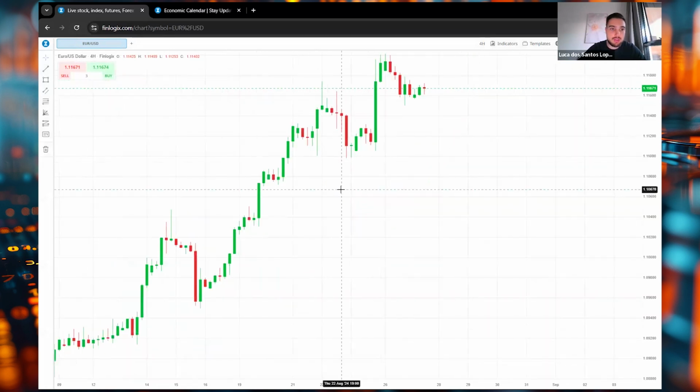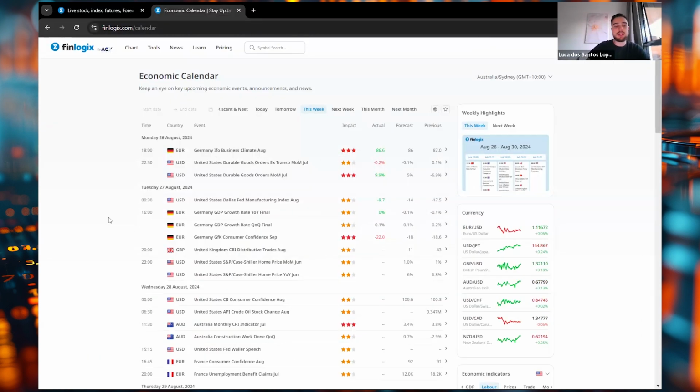If we look at the euro dollar here, this was the volatility we got on that week, from here to here, but otherwise it would be only this big move pretty much. Coming back to the economic calendar, that's the first thing we want to talk about. We will most heavily be on Euro and US. Europe and US will be the most volatile currencies for this week, I would say.